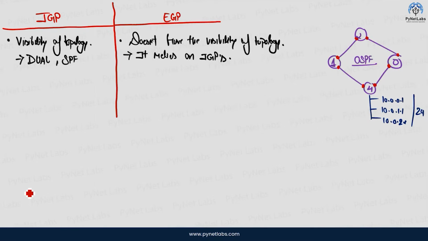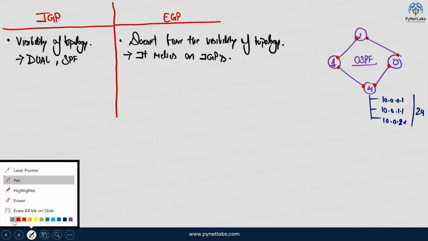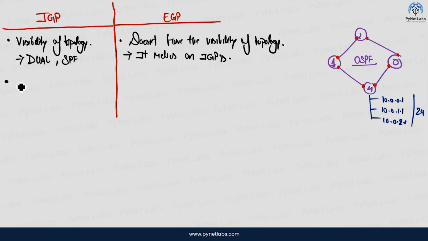And another point, the second point, is that IGPs are always going to decide on the link attributes.